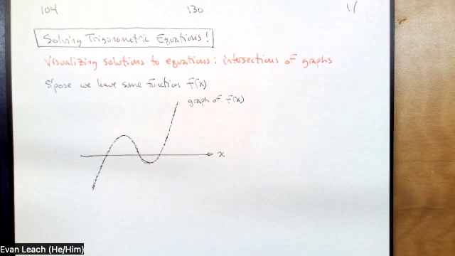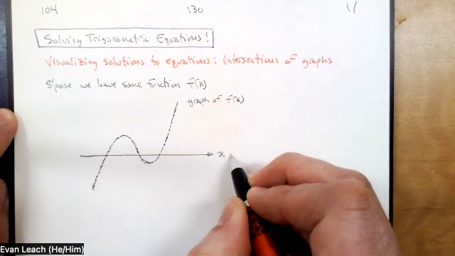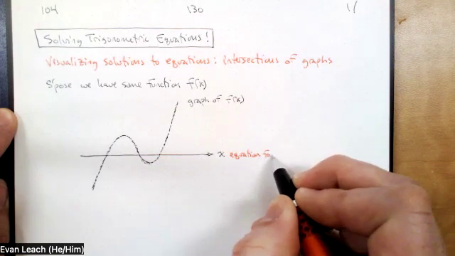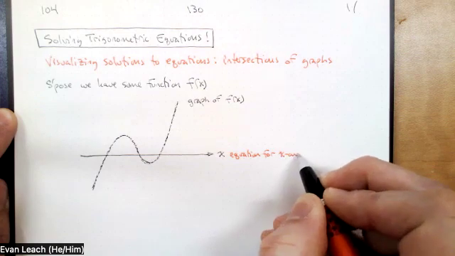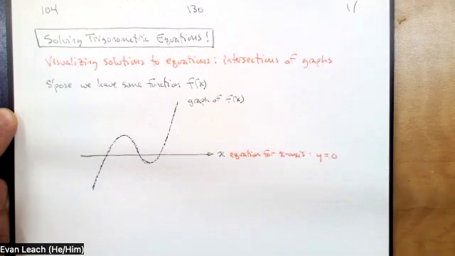The x-axis is the line where y is equal to 0. So the equation for the x-axis is y equals 0.